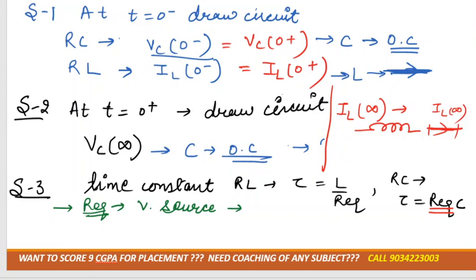All the sources would be removed. The voltage source must be short circuit, and the current source must be open circuit.